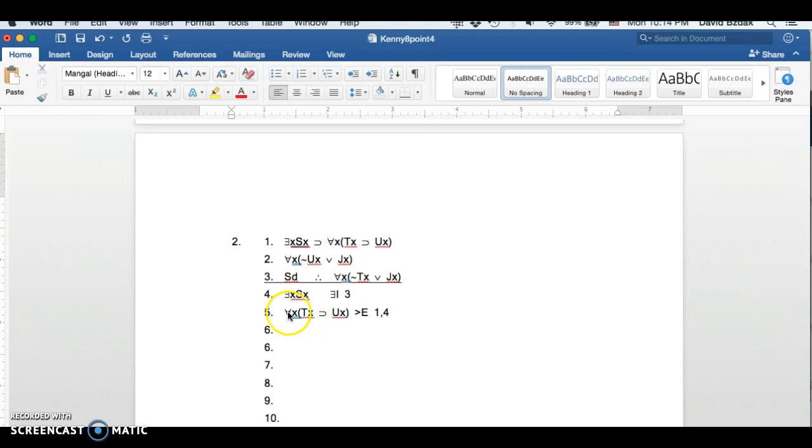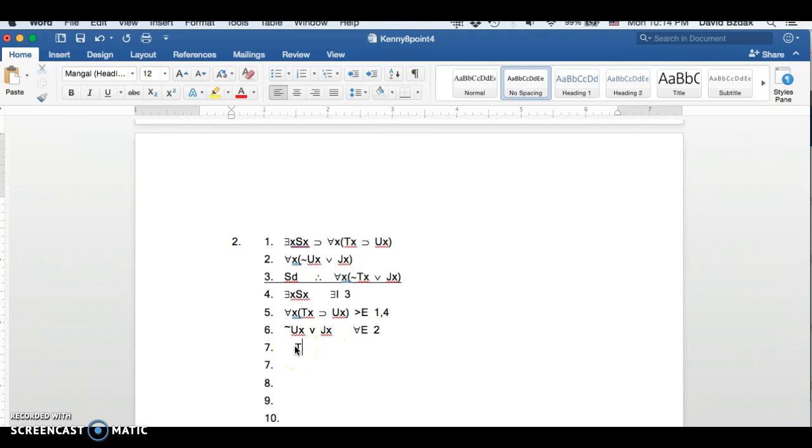Now this universal quantifier is the main operator in this sentence. So we can do universal quantifier elimination on lines 2 and 5. So let's do 2 first. Not Ux or Jx. So that's universal quantifier elimination of 2. Then line 7.